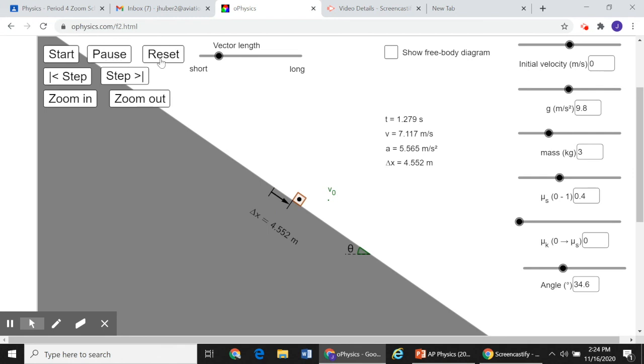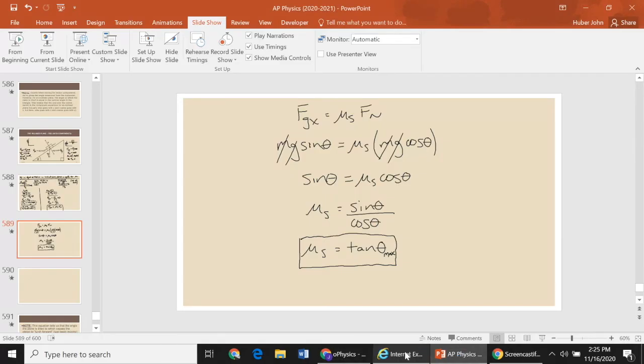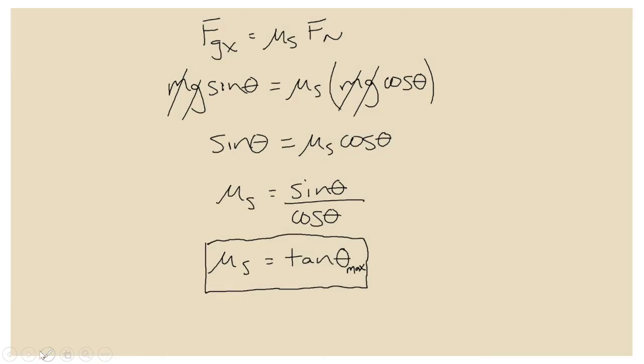So the idea is, when we use this equation, look, the coefficient of static friction is 0.4. Remember that. If I use this equation, the coefficient of static friction equals tan theta max, then we can solve for theta max by taking the inverse tangent of the coefficient of static friction.